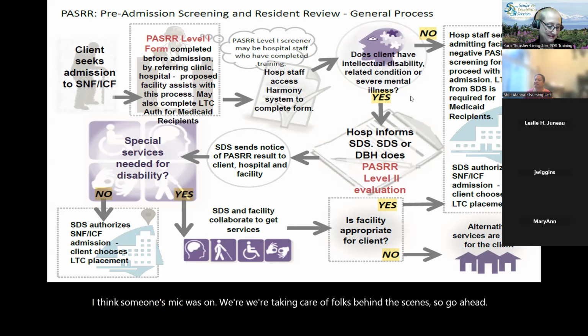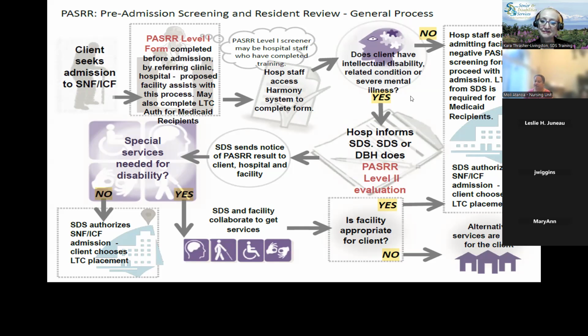So when a Level 2 evaluation is required, or the outcome of the screening was positive, our team will make the request to either the Division of Behavioral Health for those who screened for severe mental illness, or to our IDD unit within SDS for intellectual developmental disabilities.